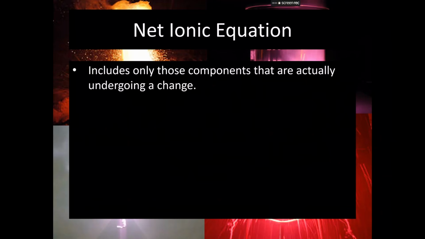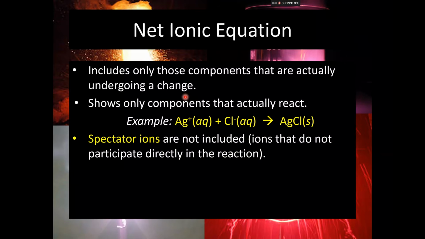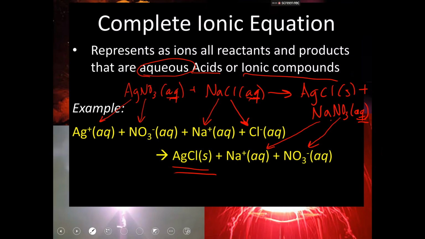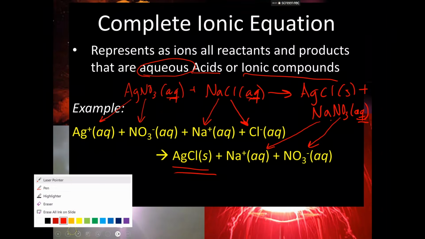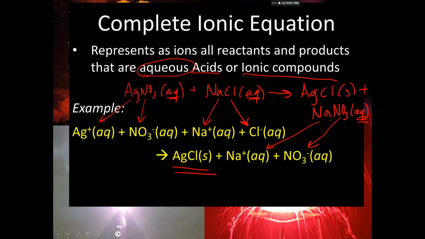The next and last step will be to show what we call a net ionic equation. The net ionic equation is only going to include those components that are actually undergoing a change. Why do we say that? Well, if we look at this complete ionic equation that we have here in yellow, and look at both sides of the equation, we are going to see that the nitrate ion, NO3 minus aqueous, is on the reactant side and also on the product side, and it's identical.